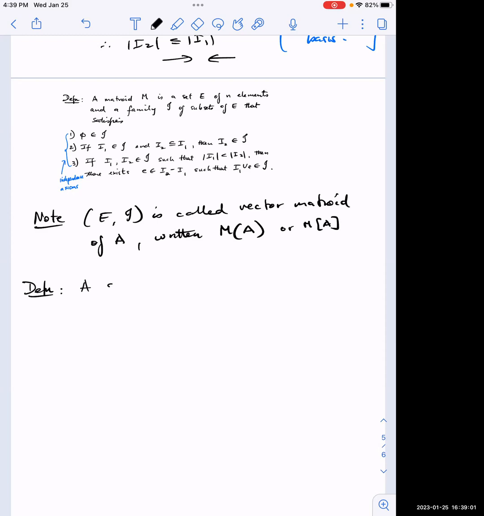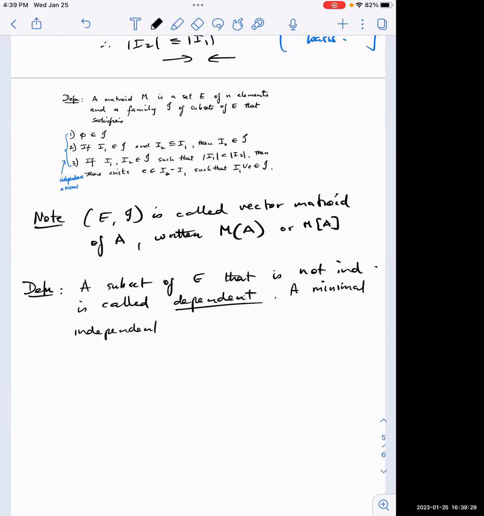So a subset of E that is not independent is called dependent. Finally, defining dependent as you would expect it to be defined, a minimal independent set is called a circuit.